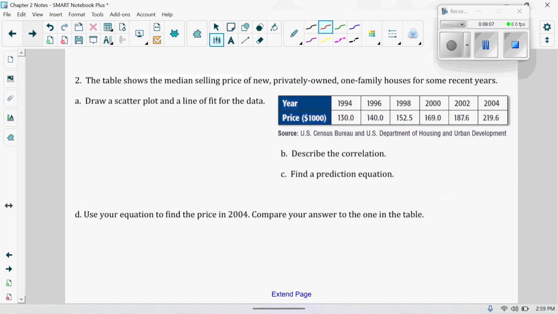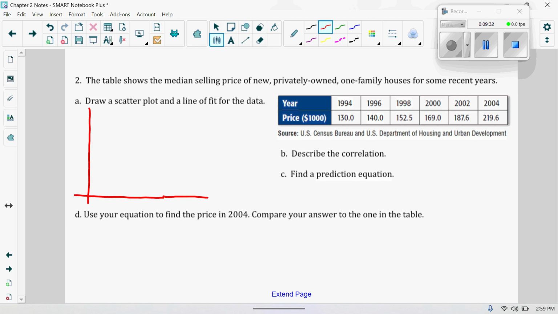All right, we have 2 more, and then you will get time to work on stuff. For number 2, we are going to draw a scatter plot, describe the correlation, and then find a prediction equation. So as we draw this, you can label your axes the same as me.